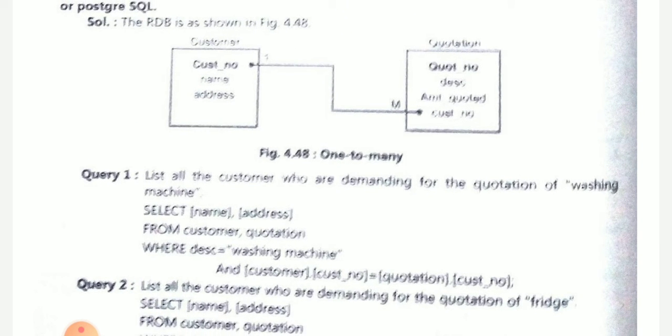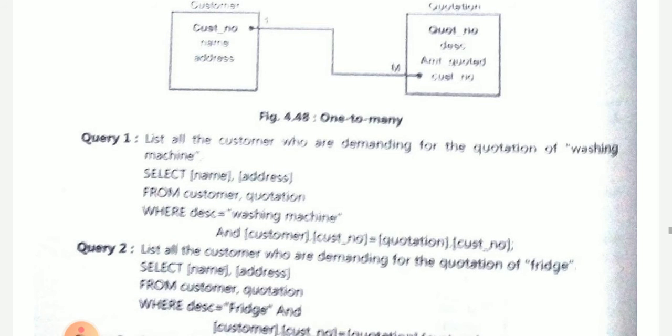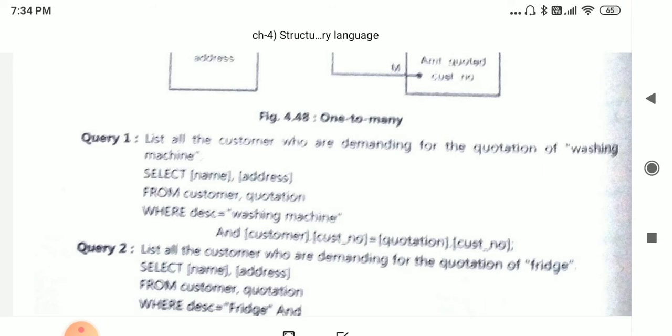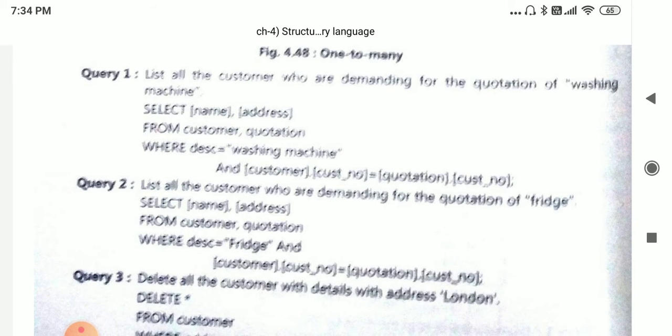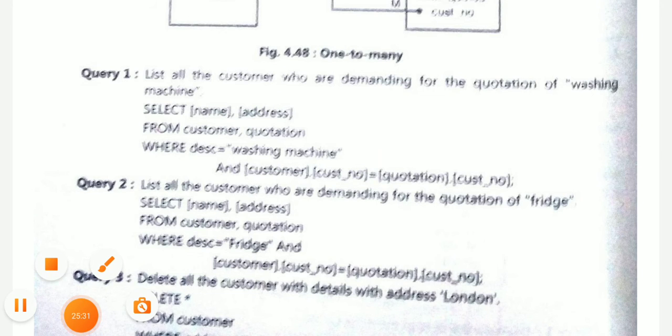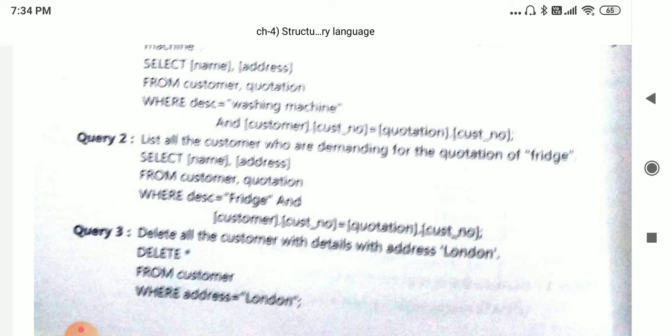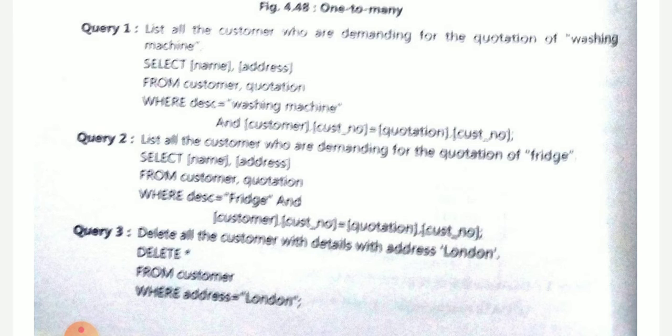Then select name comma address from customer, quotation where description is equal to washing machine. Okay, and customer number is equal to quotation customer number. Okay, list all the customers who are demanding for the quotation of fridge.